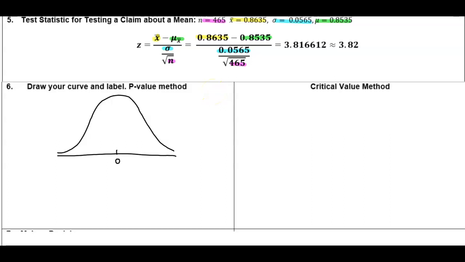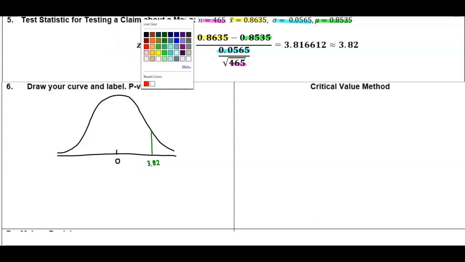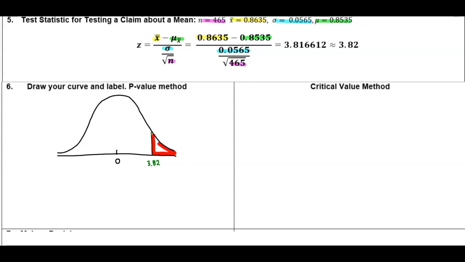We know it's a right-tailed test, so that means this test statistic is going to be located over here on the right, and we have 3.82. And so what we want to do is find the area to the right of that. So we want to find out what is the p-value there.